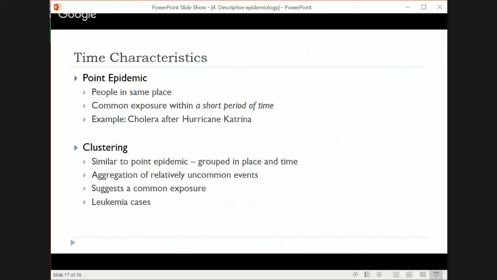So when you hear the word point epidemic, what you should think of is people who are in the same place, and that they've had some sort of common exposure that occurs within a short period of time. For example, after Hurricane Katrina hit New Orleans, there was a pretty big cholera outbreak. So everyone within a very short period of time was exposed to Hurricane Katrina.